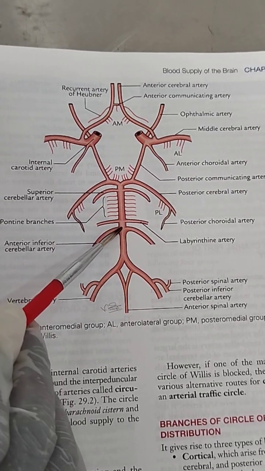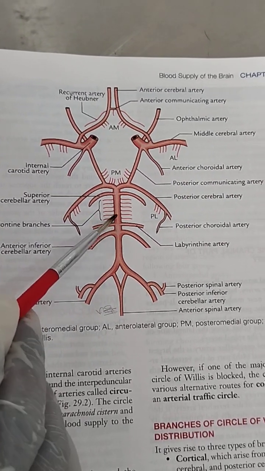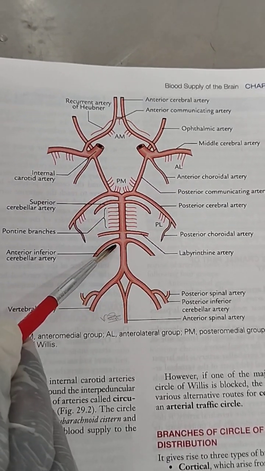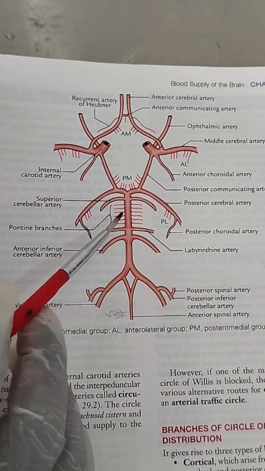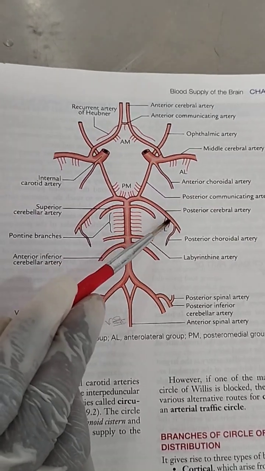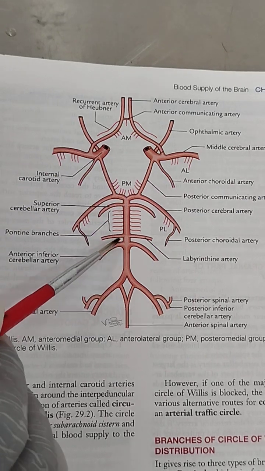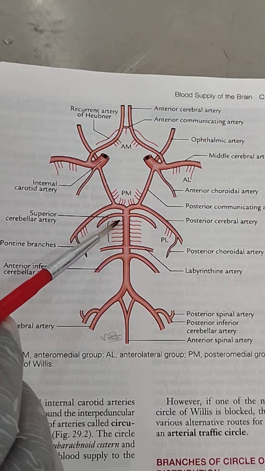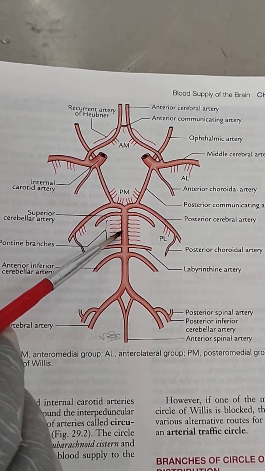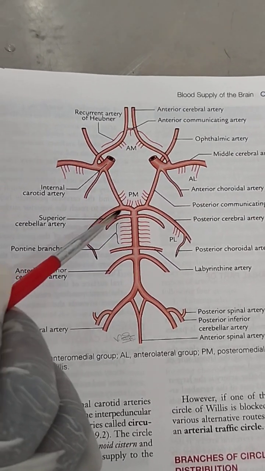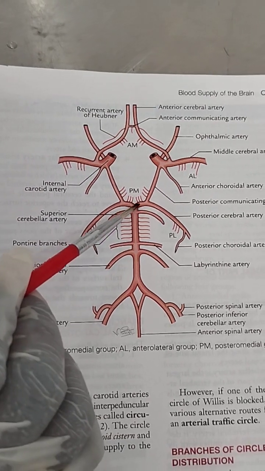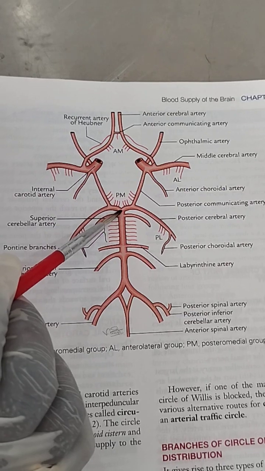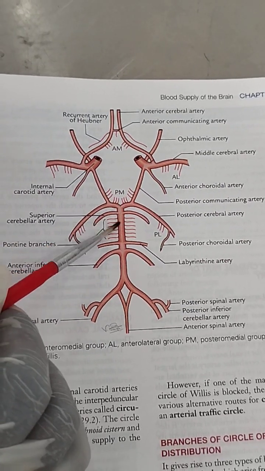So the basilar artery supplies the pons, the labyrinthine part of the inner ear, as well as the anterior cerebellar region. The posterior cerebral arteries supply the midbrain and the superior and middle parts of the cerebellum, and also the posterior lobe, meaning the occipital lobe of the cerebrum. So up to here is the basilar part.